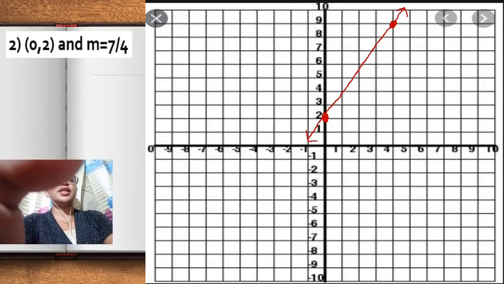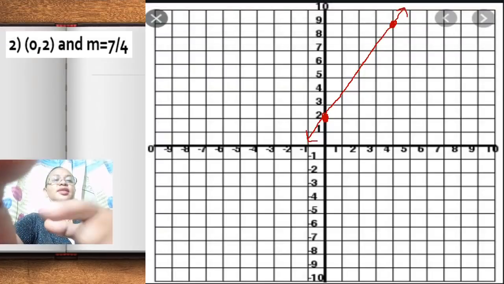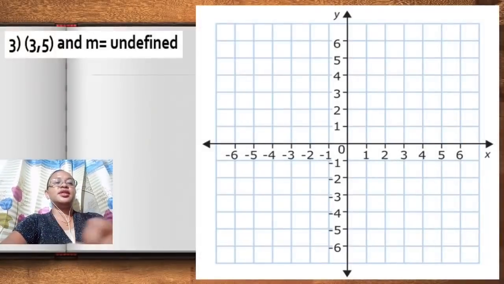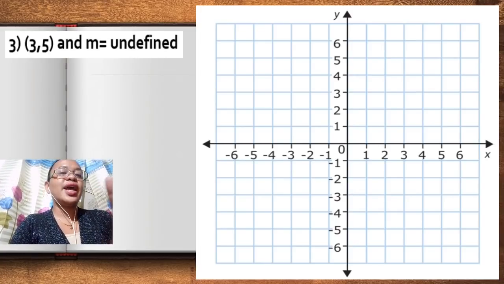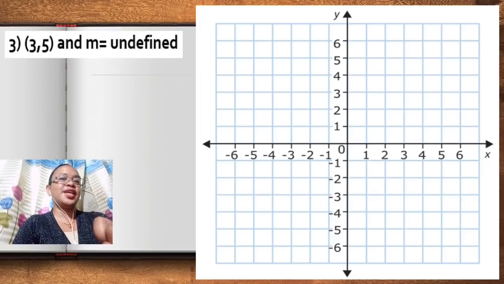Next, we go to the next given. I think this is the last one. So we have here (3, 5) and m is undefined. Remember that if m is undefined, the line should be vertical, but if m is 0, the line should be horizontal.